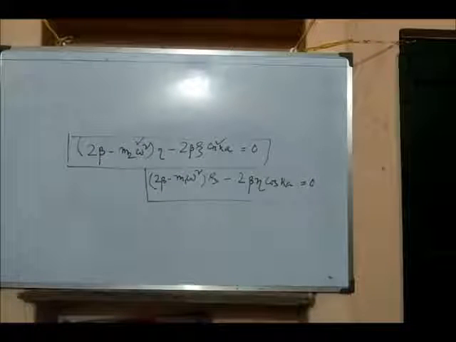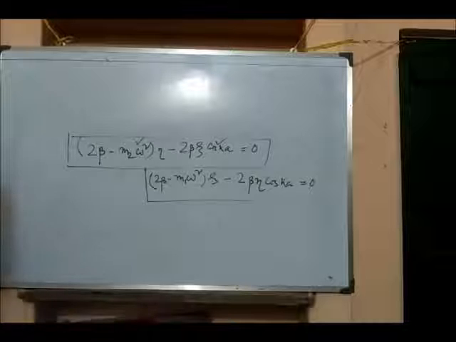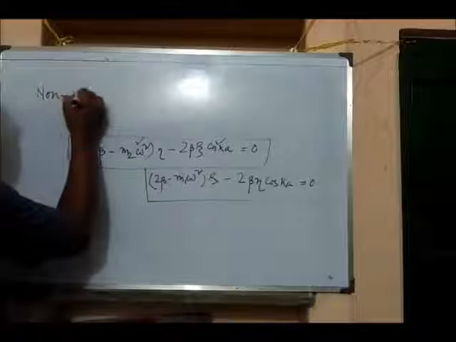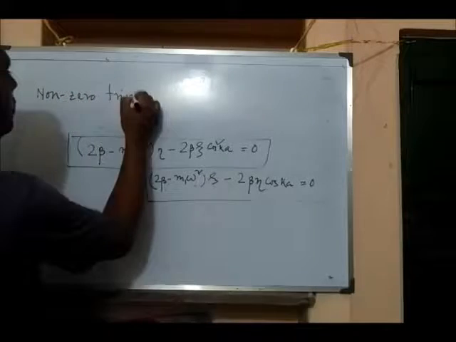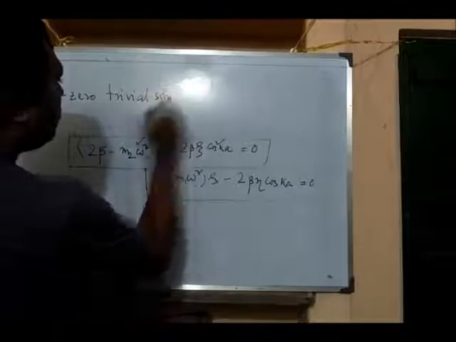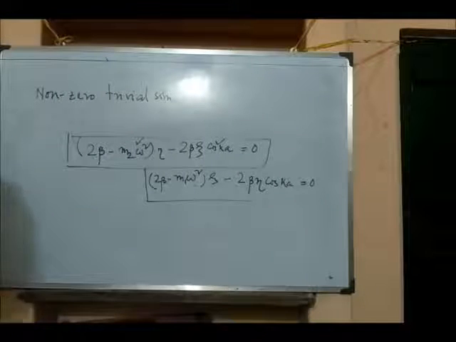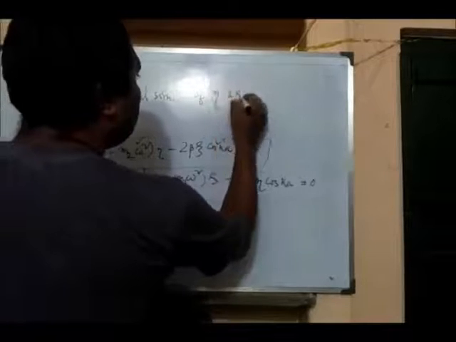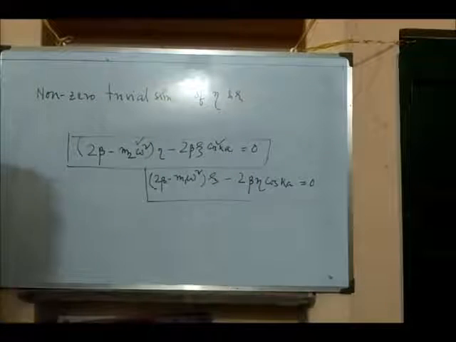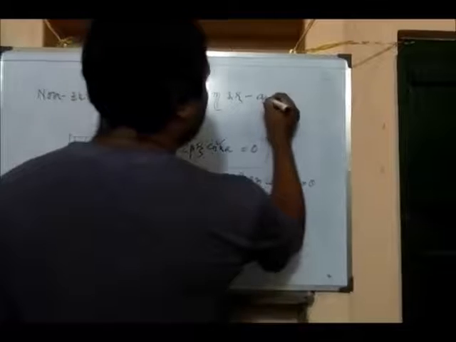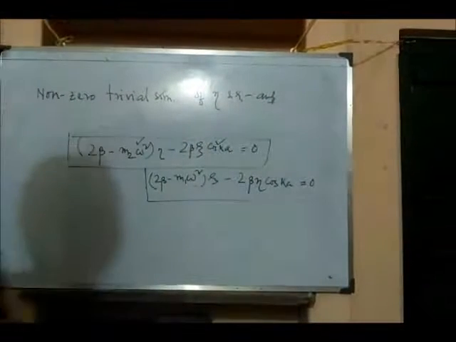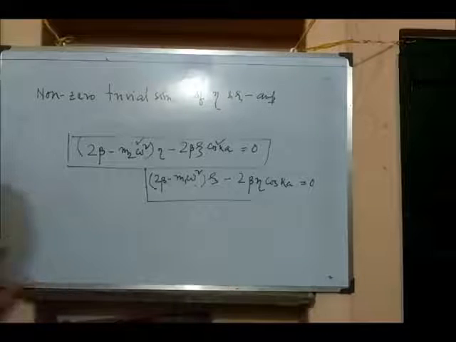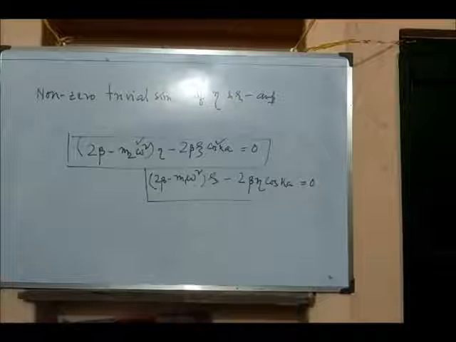If these two equations have a non-zero, non-trivial solution for the amplitudes eta and psi, the determinant of the coefficients of eta and psi must be equal to 0.